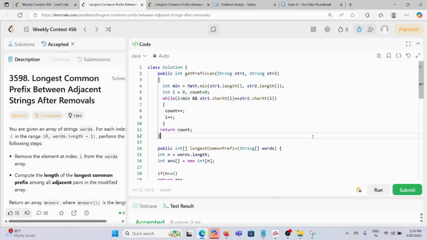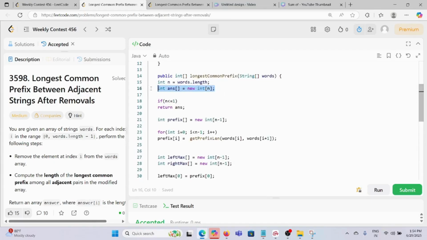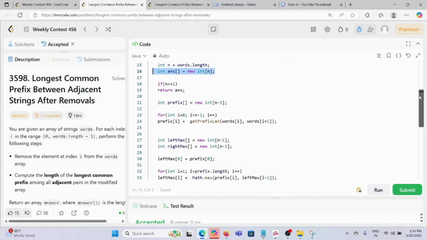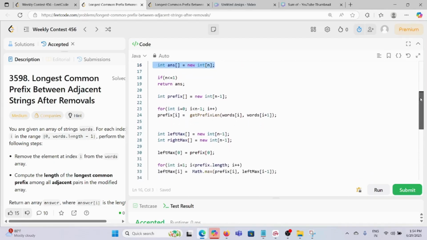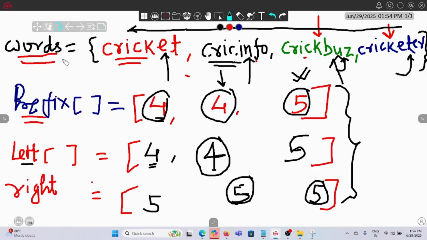Okay, so see here, first of all we have created one answer variable, and then we are taking the n length of the words. If n is equal to 1 or less than 1, we are returning this empty array, because nothing would be there. When we remove that element, there would be nothing left, right? So we are returning as it is. Now I have created a prefix array of n minus 1 length, just like we created here, because we would have n minus 1 pairs.